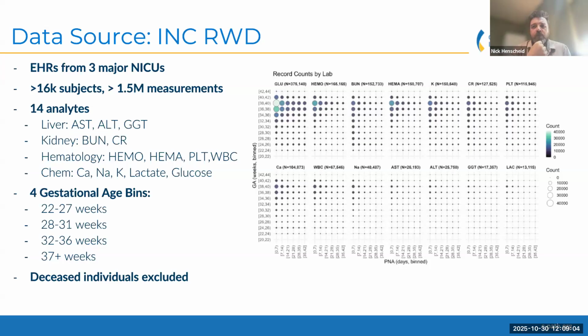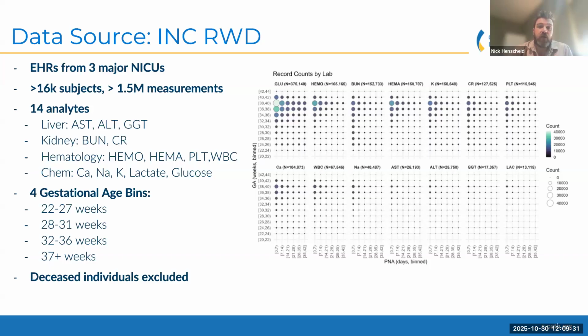After some data curation steps, we end up with about 16,000 subjects in our database and over 1.5 million measurements. Now, there's heterogeneity, of course, in the number of measurements that we have for a particular analyte and a particular age range, both gestational and postnatal.